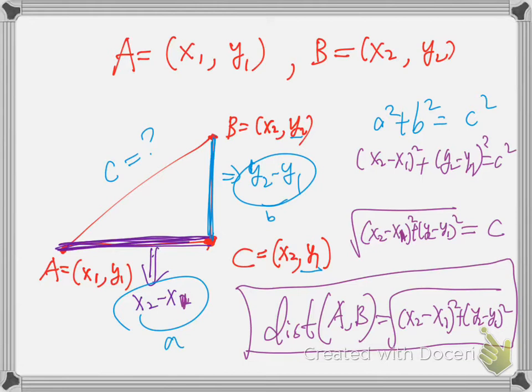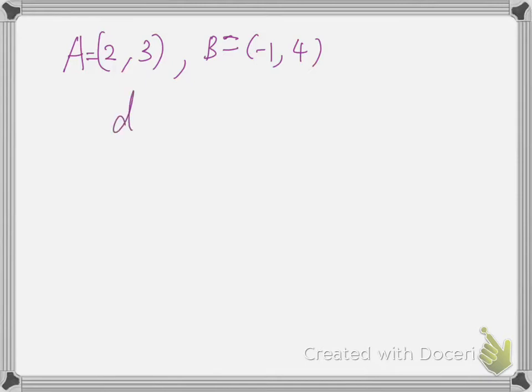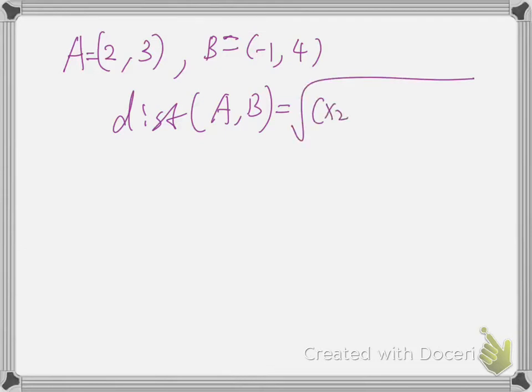Now let's look at an example. What's the distance between A, which is 2, 3, and B, which is -1, let's say 4? So first you write down the formula: distance A to B equals the square root of x2 minus x1 squared plus y2 minus y1 squared.